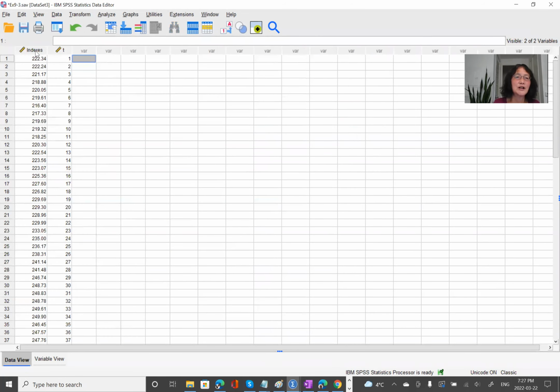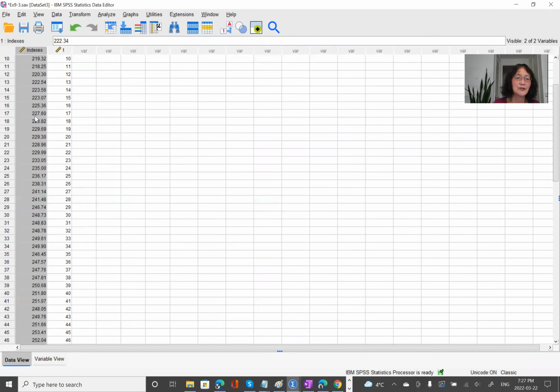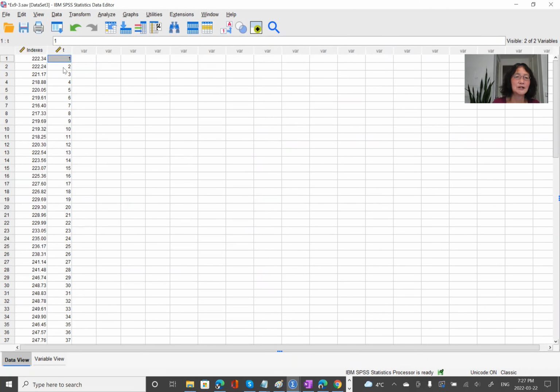This is the original data, the stock market daily close price. This is the time, this is the daily data, every day. Now let's explore this data pattern first by creating a chart.